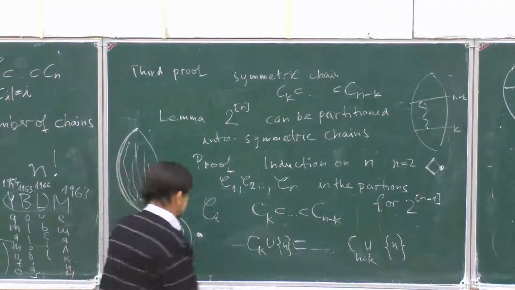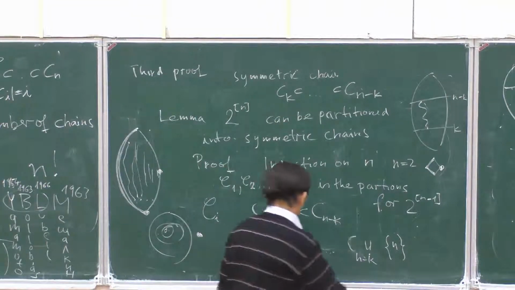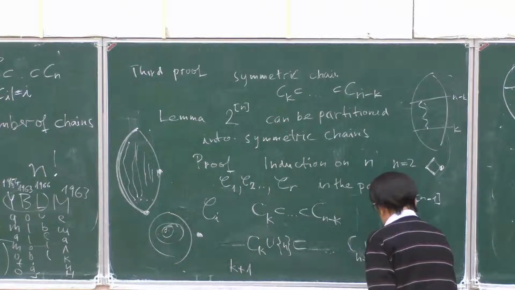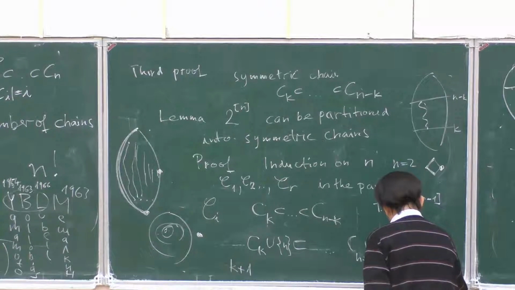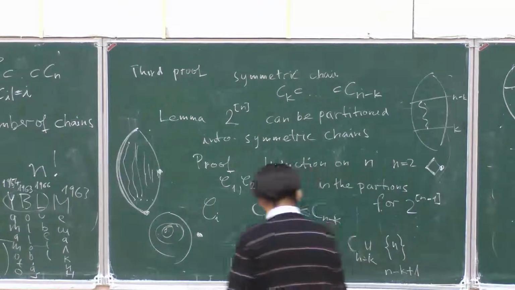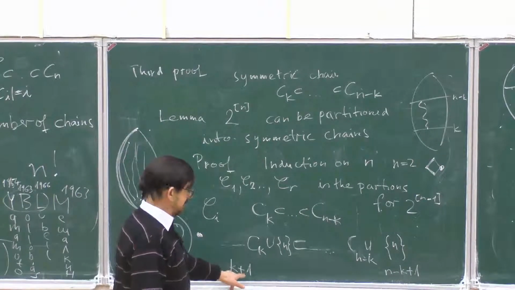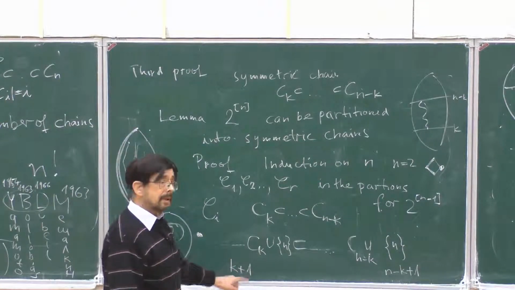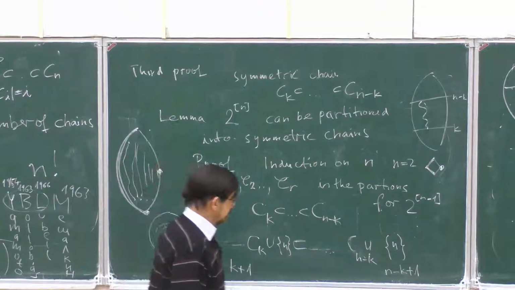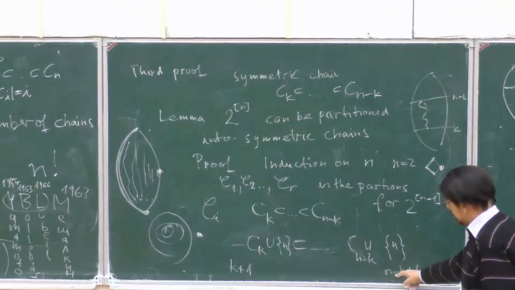So what is the size of this? This is k plus 1, and this is n minus k plus 1. So this is not symmetric, right? Because if you add these two up, then you get n plus 2.